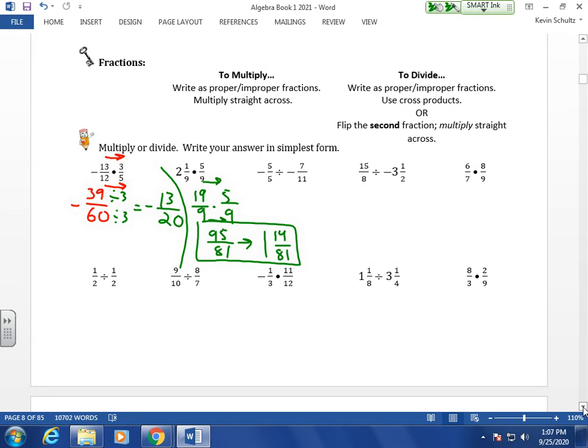You keep that first fraction. The change refers to the operation. It changes from division to multiplication, and then that second fraction is flipped, right? 9/10 times 7/8.